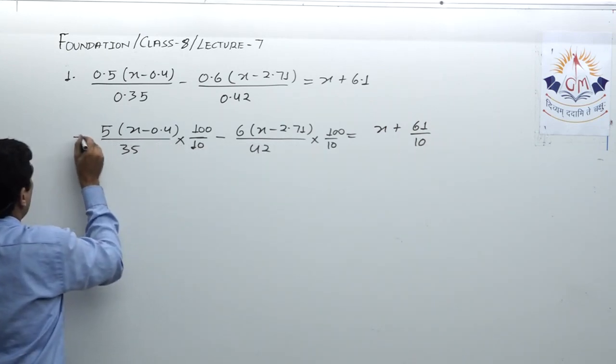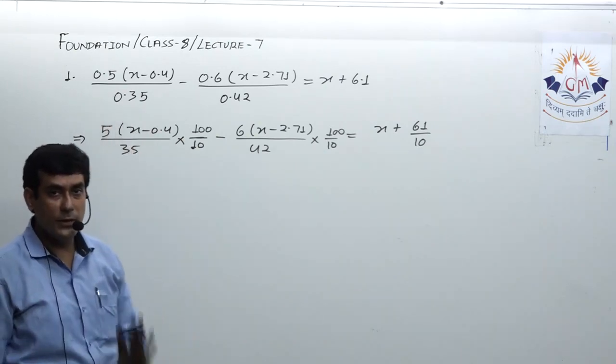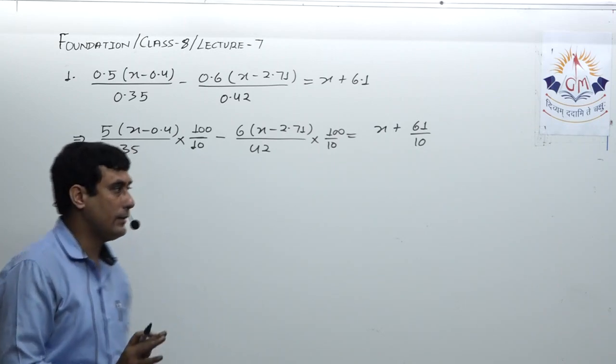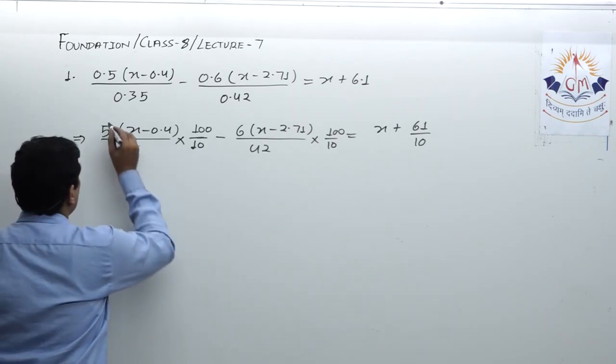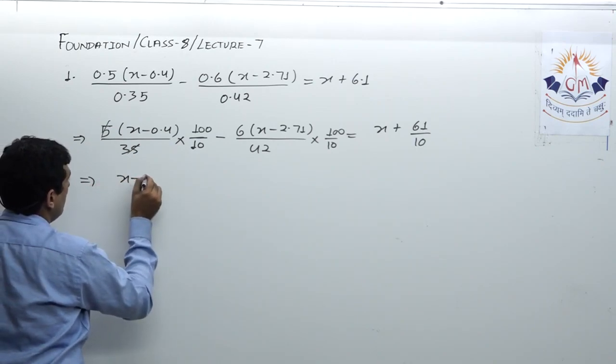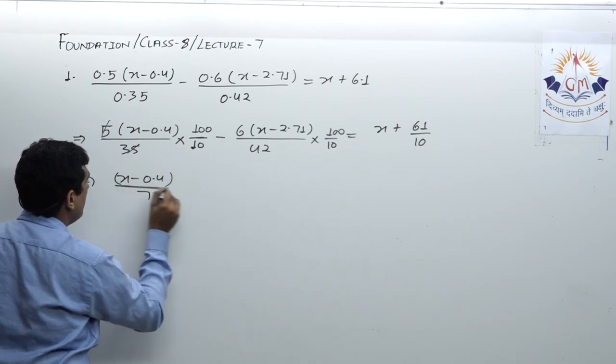So in the first step I just removed the decimals to make my calculation a little bit easier. Now this 5 and 35 I can cancel, so x minus 0.4 upon 7.